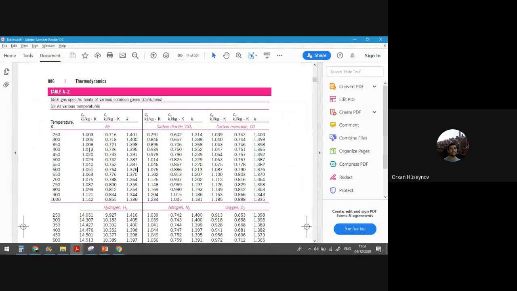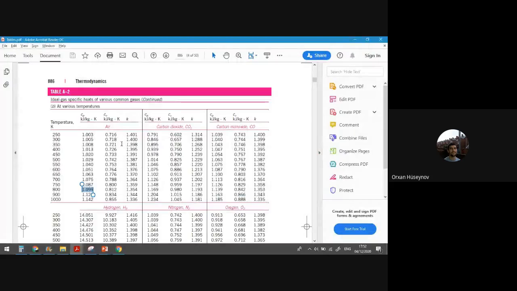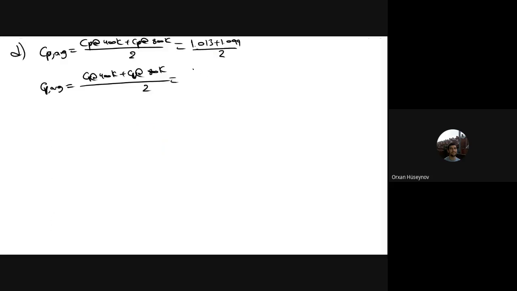Starting with Cp: 1.13 and 1.099 divided by 2. For the Cv values, you will have 0.726 and 0.812 divided by 2.